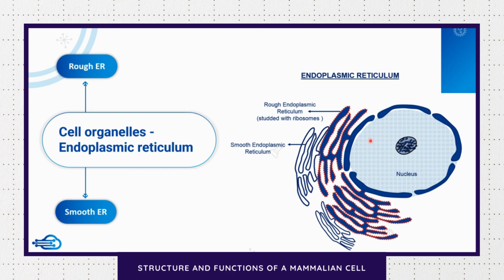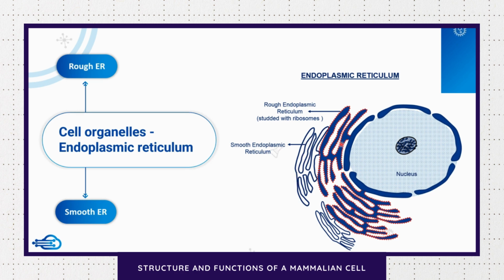So, you see here in this diagram, it is showing the rough endoplasmic reticulum, and it is in continuity with the nuclear membrane. This is the nucleus, surrounded by the nuclear membrane, and this rough endoplasmic reticulum is in continuity with the nuclear membrane. Then this is smooth endoplasmic reticulum.